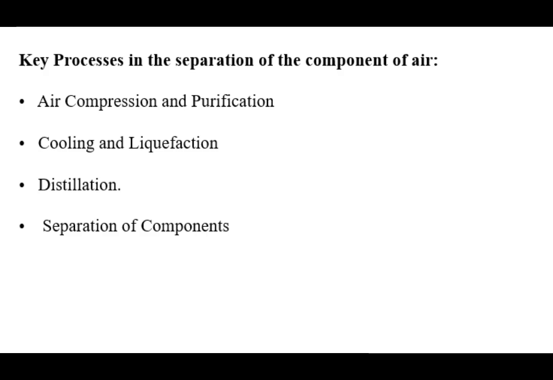3. Distillation. The liquefied air is then separated into its components through cryogenic distillation. This process relies on the different boiling points of the components, such as oxygen, -183 degrees Celsius, nitrogen, -196 degrees Celsius, and argon, -186 degrees Celsius.